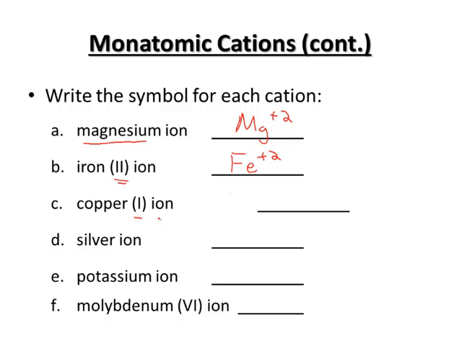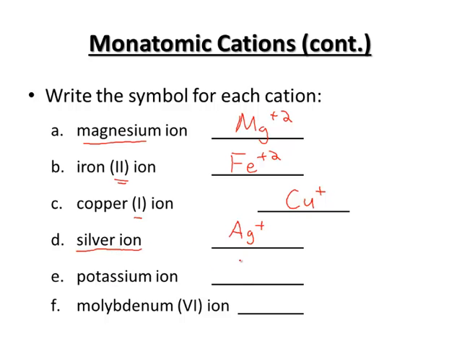Copper(I) ion is copper with a +1. Now silver ion, if you look at the periodic table on your gold packet, silver only has one possible charge. It'll always be Ag with a +1. So you note that there's no Roman numeral with the silver.